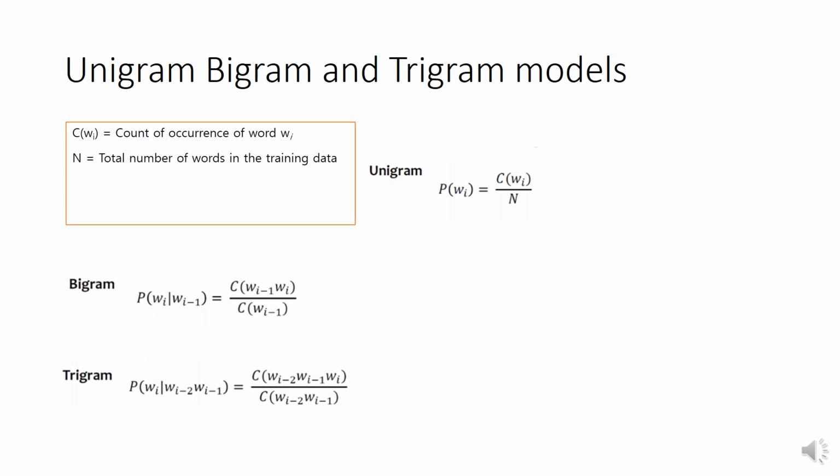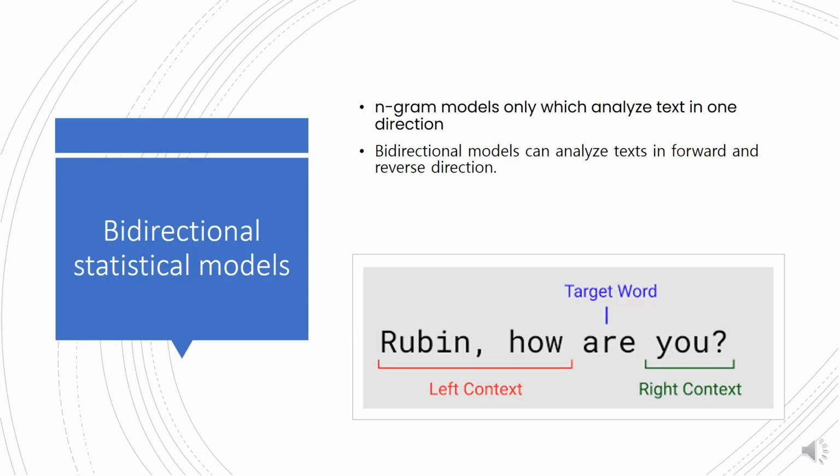So this is trigram. Next, we would like to talk about bidirectional statistical models, or bidirectional language models. N-gram models only analyze text in one direction, which can reduce model accuracy.